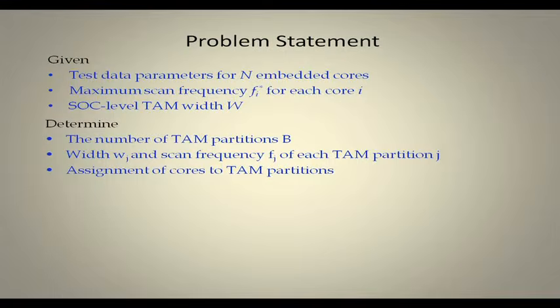So, we determine the number of TAM partitions B, the width Wj and scan frequency Fj of each TAM partition j. So, what should be the TAM width and what is the frequency of that TAM, and then assignment of cores to TAM partitions.